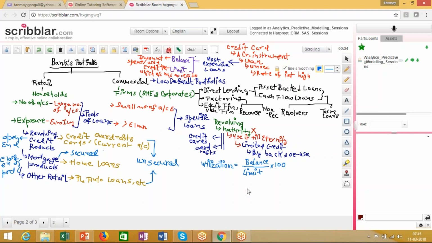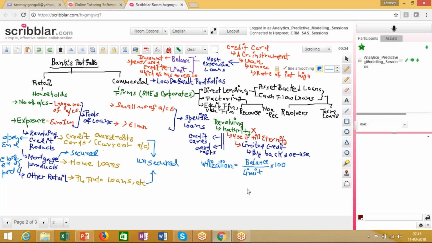Utilization is balance by limit into 100. So what does utilization show? It shows the amount of balance which has been utilized by the borrower.